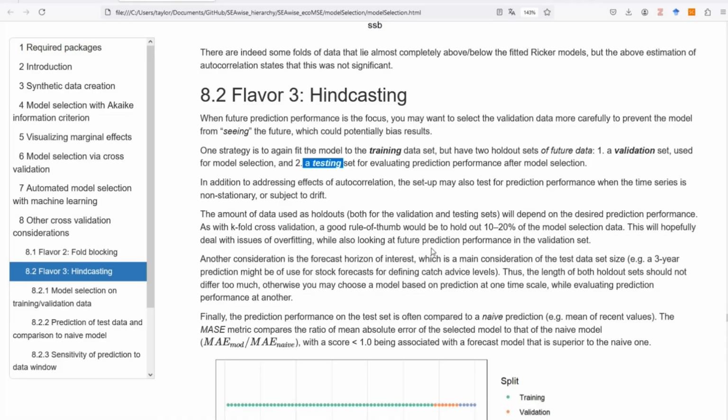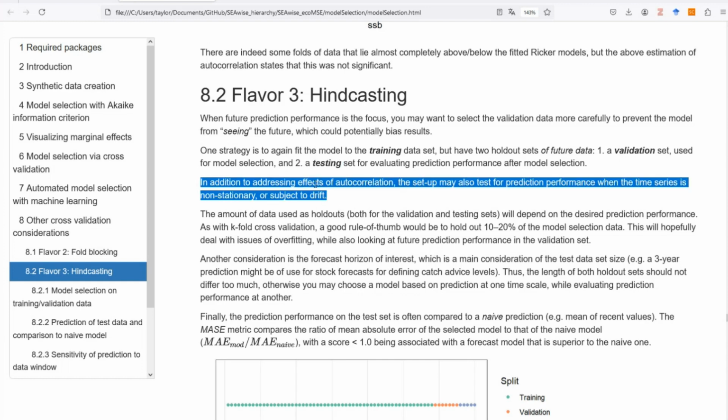And then you're going to measure its performance in predicting on data that it's never seen. In addition to addressing effects of autocorrelation, this setup may also test for prediction performance when the time series is non-stationary or subject to drift.